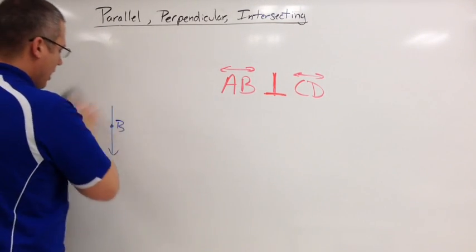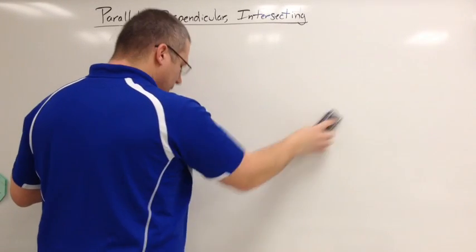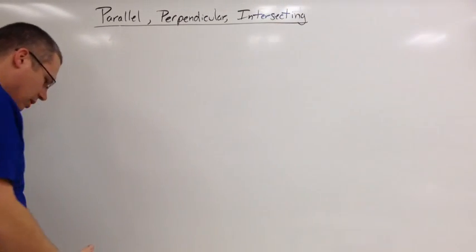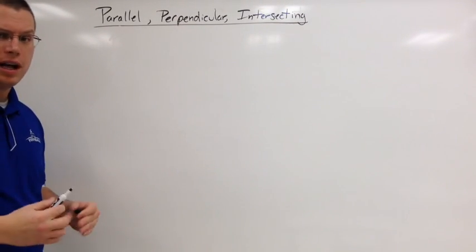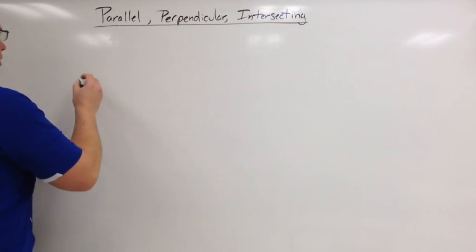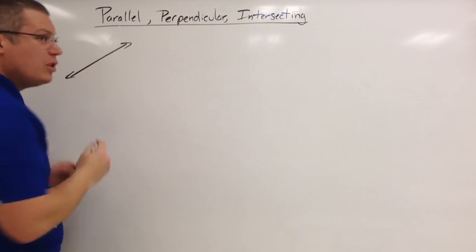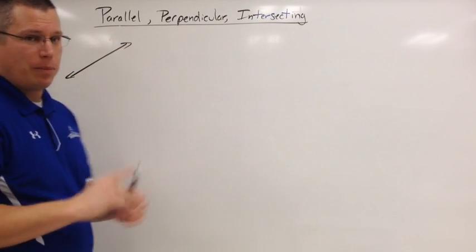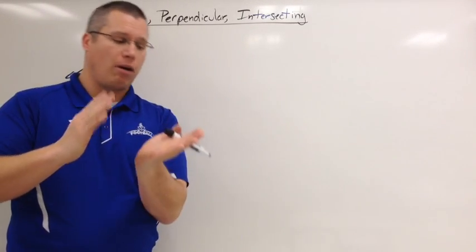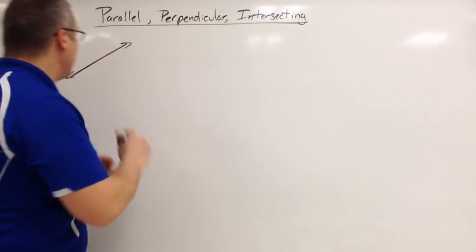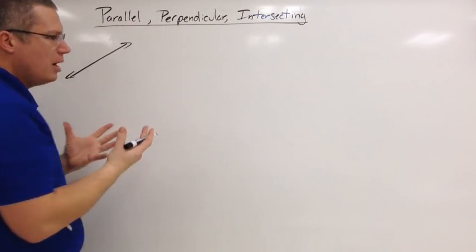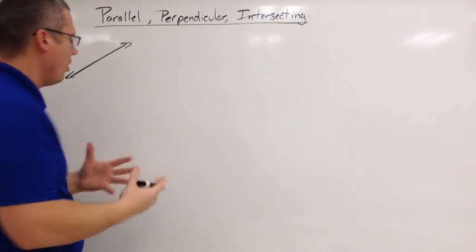The last kind is intersecting. Now intersecting isn't very fancy, it's just do the lines cross, yes or no. There is no symbol like we had for parallel or we had for perpendicular. The question simply comes up, or identifying, do the lines cross, yes or no?